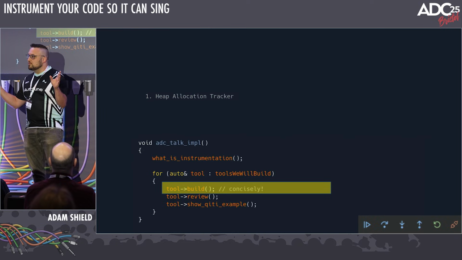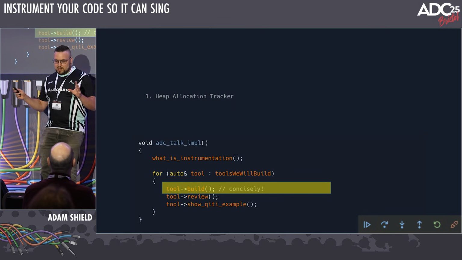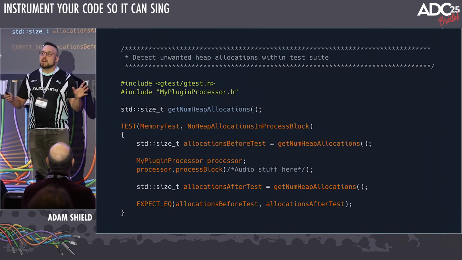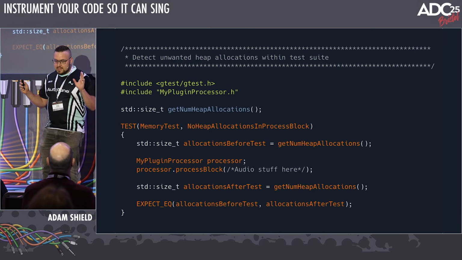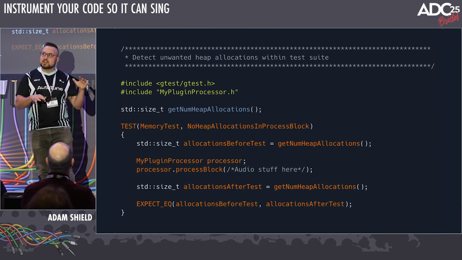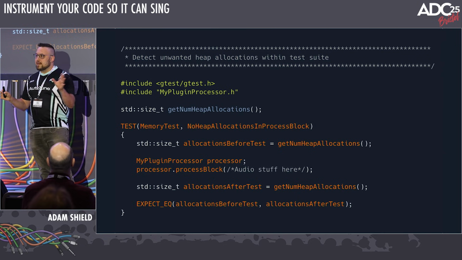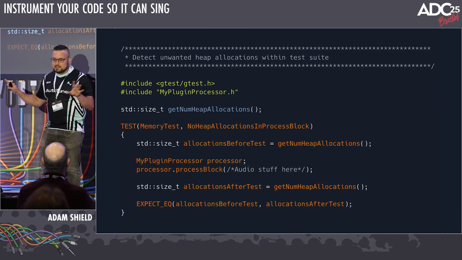So the first tool I wanted to talk about that you can build is a heap allocation tracker. Let me show you an example of why you might want to build that. Let's say you had a test that looked something like this, and what you wanted to do was assert that for a certain function, you didn't heap allocate. We know that heap allocation on the audio thread is a no-no.